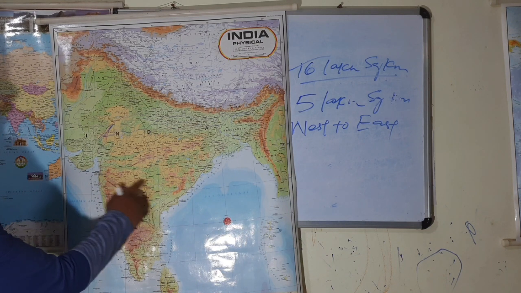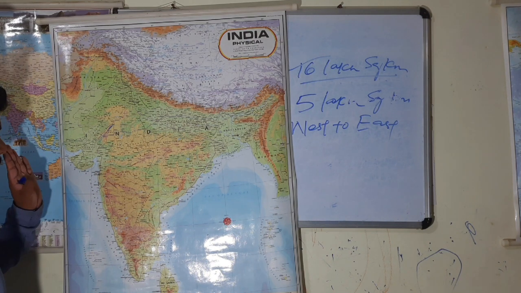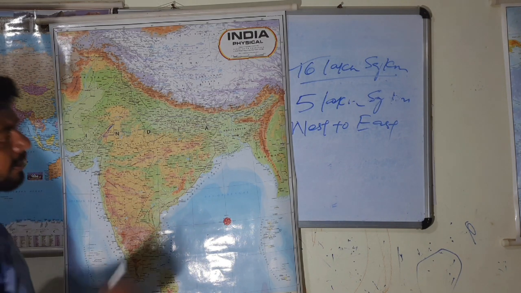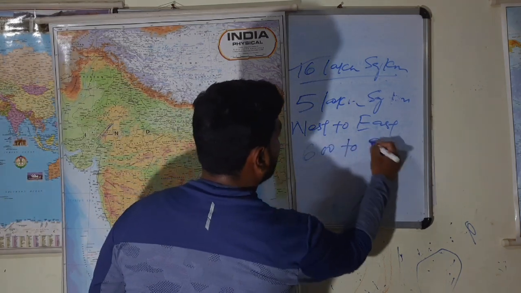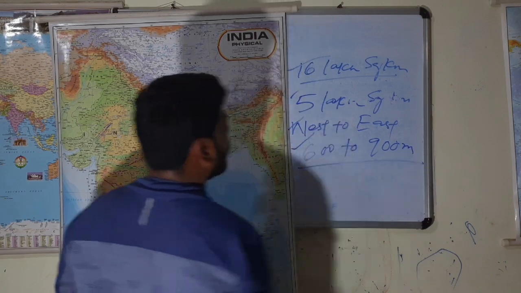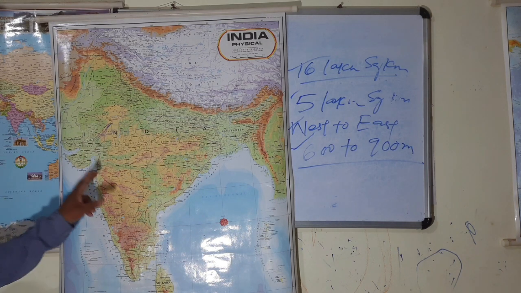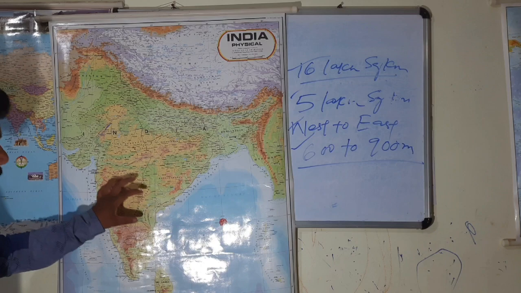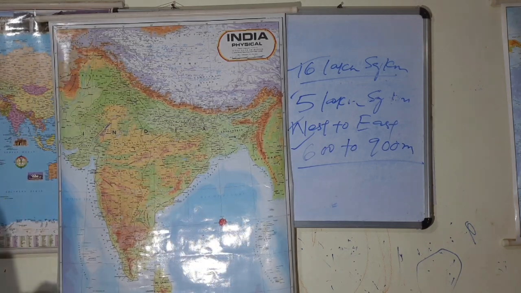Clear? Its average height is around 600 to 900 meters. So the Deccan plateaus is the largest physiographic division within the peninsular plateau.